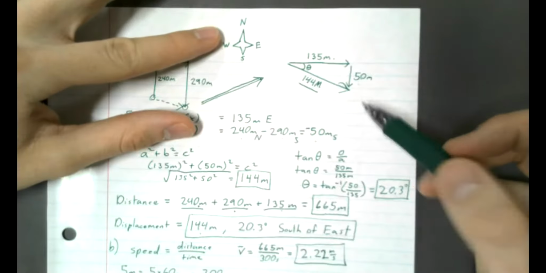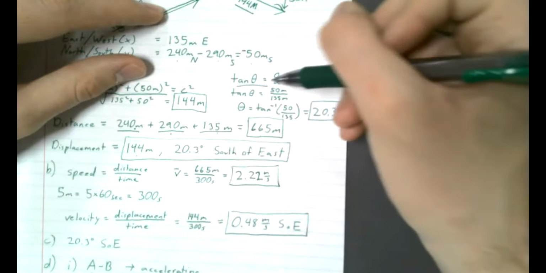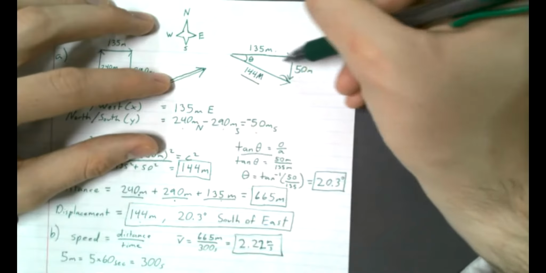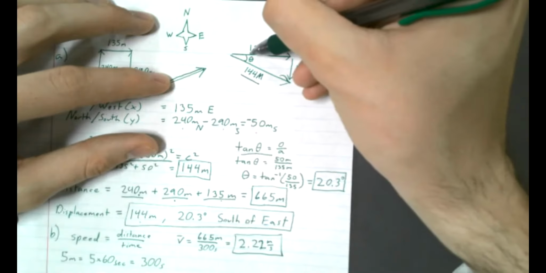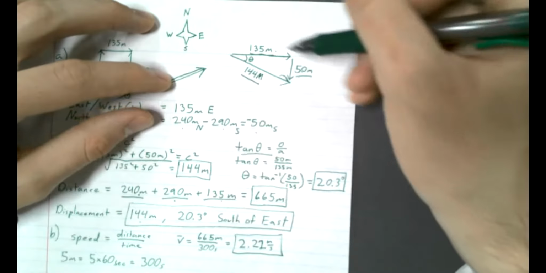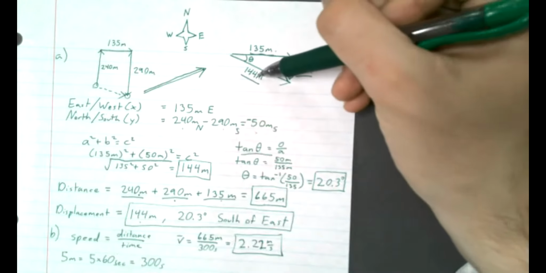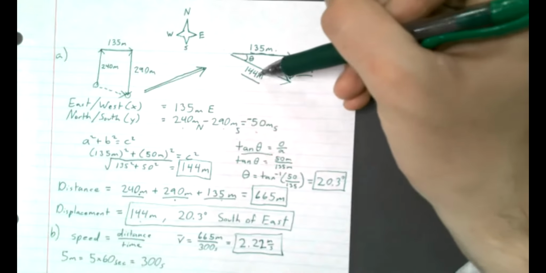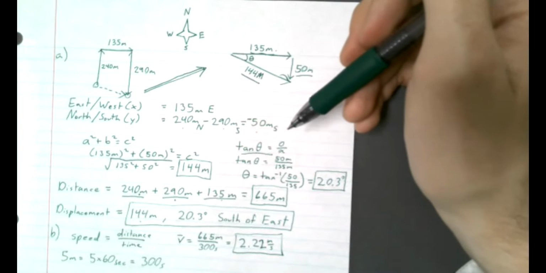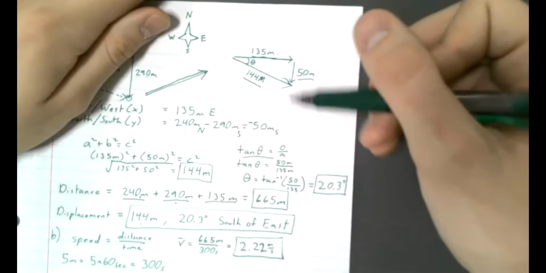Now part C asked us specifically, what direction would he be traveling if he only traveled these 144 meters in a straight line? And so for that, you have to calculate the angle. So again, I use tangent. The reason I use tangent, even though I think most people find it harder, is because tangent's the opposite side and the adjacent side. So opposite over adjacent equals tangent. And these two numbers I normally have from the beginning of the problem. And this number I normally have to calculate. So I don't want to use the number I calculated just because that just increases the odds I make a mistake somewhere and get more things wrong.